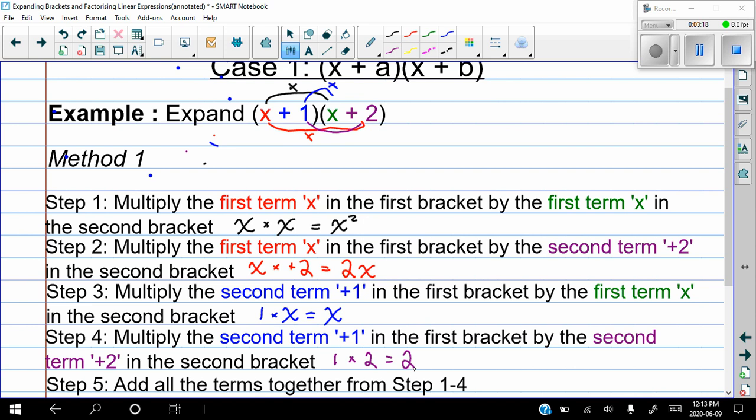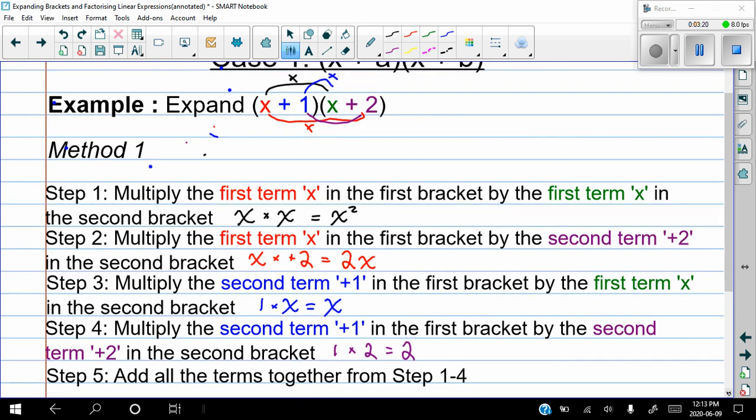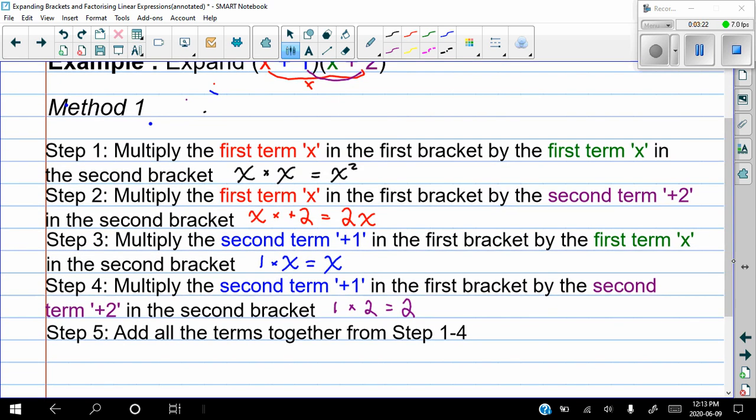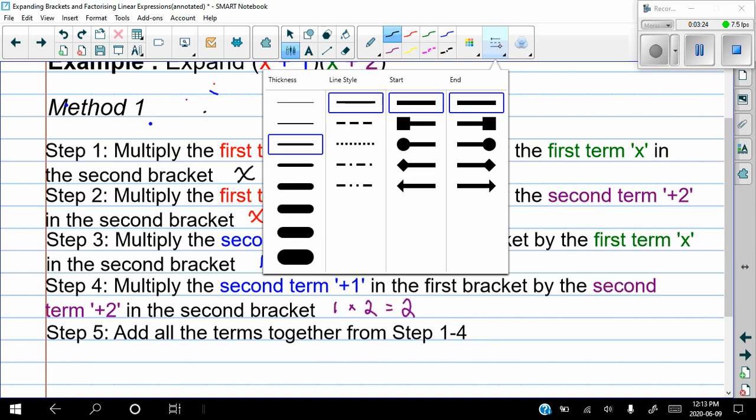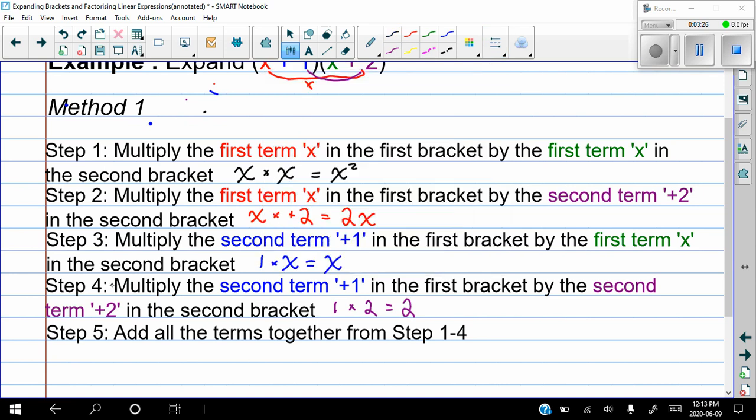So this last step here, step 5, and normally when you're doing the problem, you would do it all kind of together. But I like breaking up this first example always in multiple steps to try and break it apart, to see where you can make your errors. So now we're just adding all these terms together. So x squared plus 2x plus x plus 2.